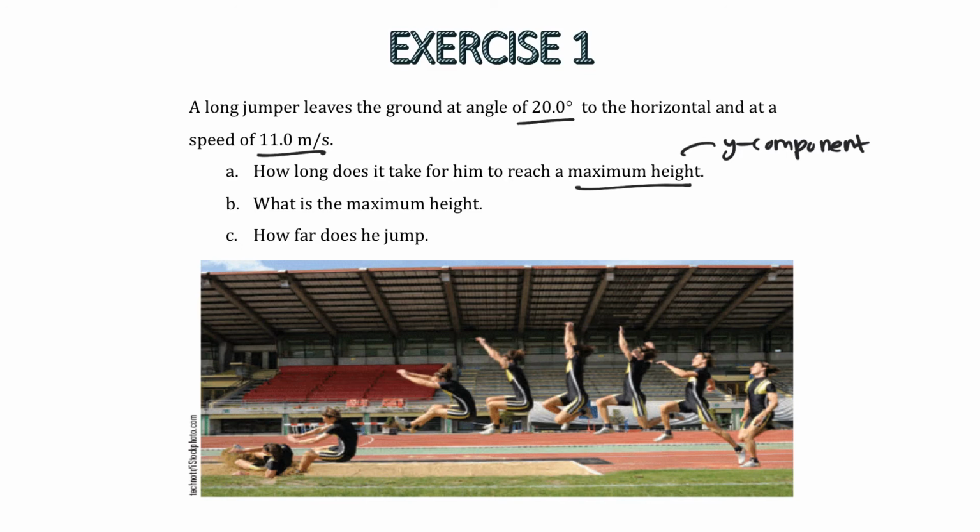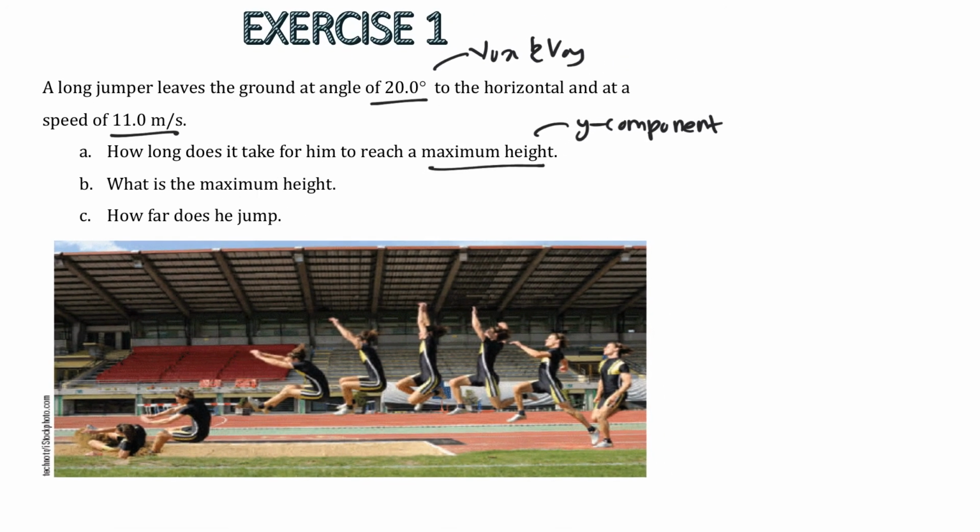Okay, when it comes to projectile motion, when you have the angle, you need to separate into V naught x and V naught y. So the first step when it comes to this kind of question, separate it first. V naught x is 11 cos 20 degrees, so 11 cos 20, you are going to get 10.34 meters per second.